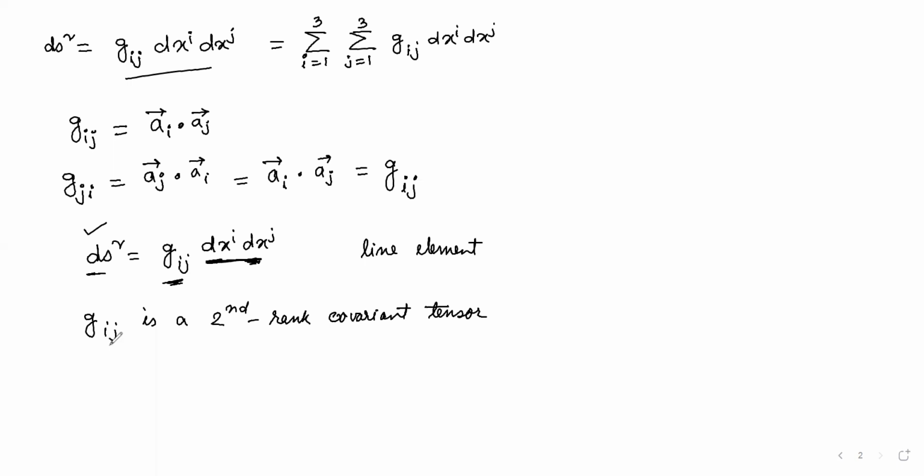And the elements of this tensor can be written in a matrix form, in a square matrix form. So in 3 dimensions, this will be a 3 by 3 square matrix. Okay. So as I said, this gij can be written as a square matrix.